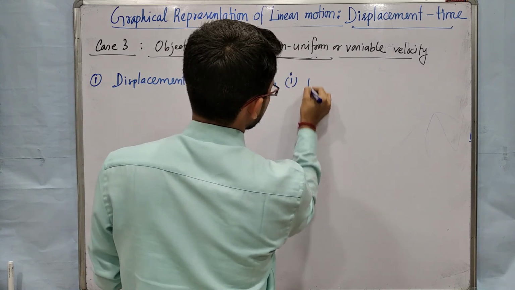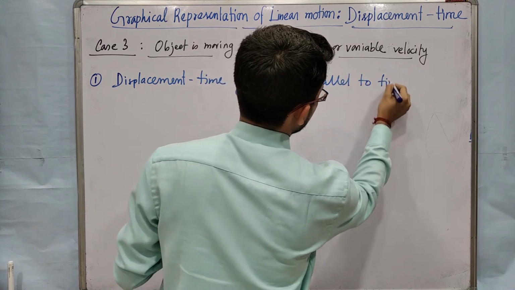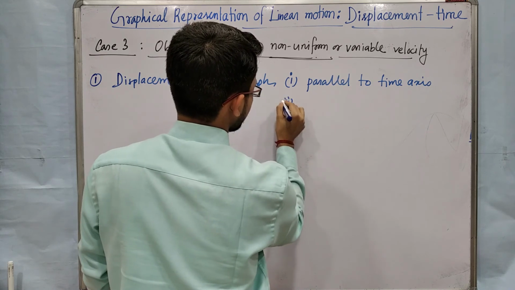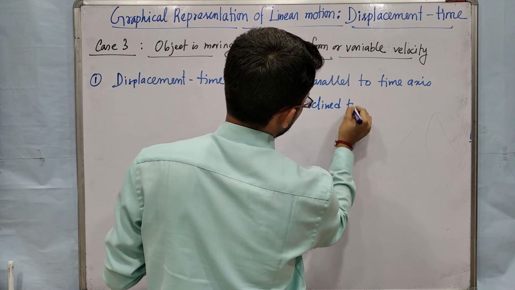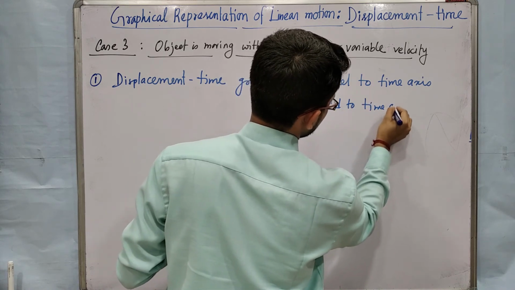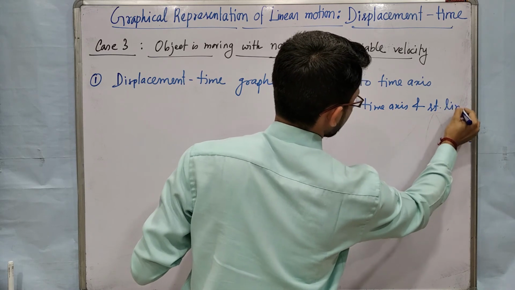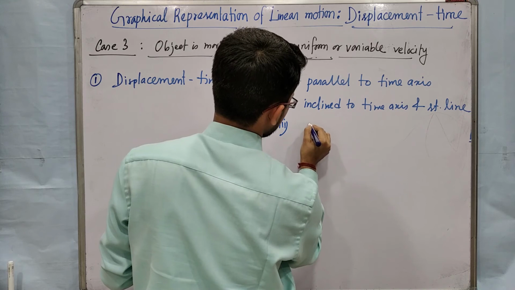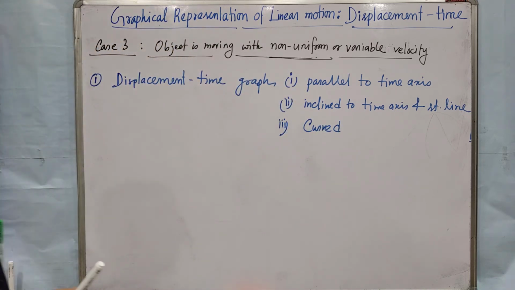One, parallel to the time axis. Second, inclined to the time axis and a straight line. And third, it is curved. Okay, these are the three types.